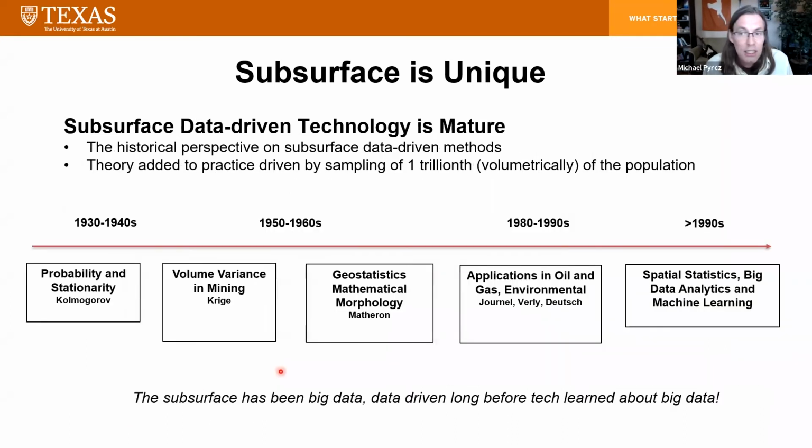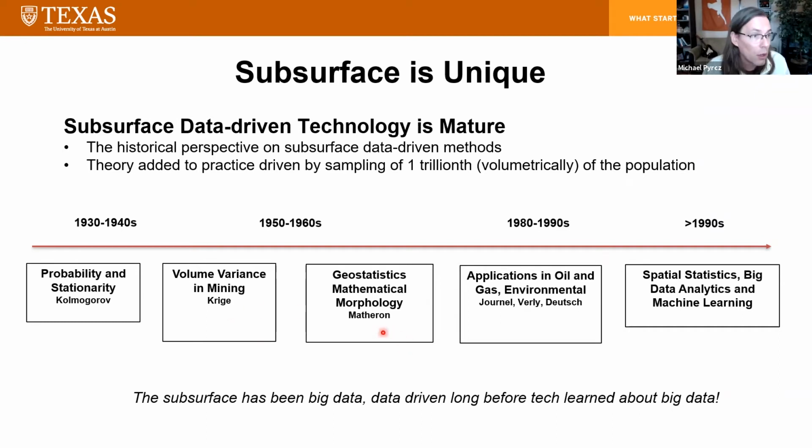Okay. Subsurface data-driven technology is mature. I want to convince you of that. The historical perspective of this is very interesting. You can go back to Kolmogorov and look at the fundamental axioms in probability and the initial ideas around stationarity. Then you can go to Danie Krige in South Africa in the 1950s, developing the initial ideas of geostatistics: volume variance, spatial continuity, spatial estimation with uncertainty.